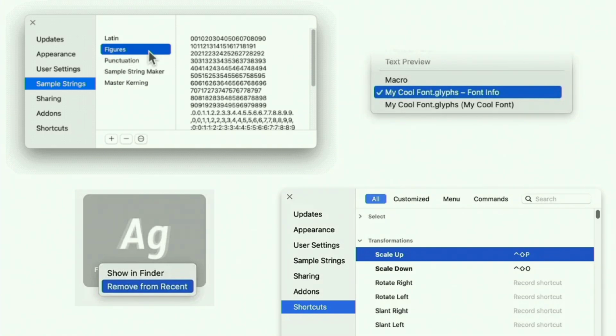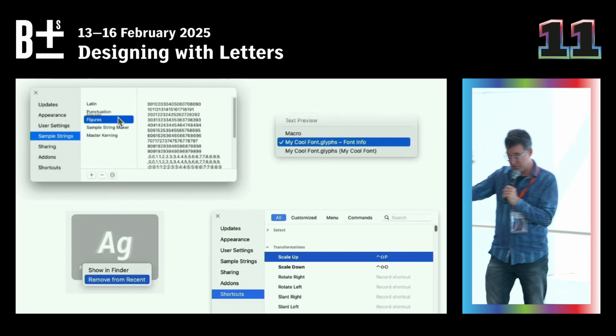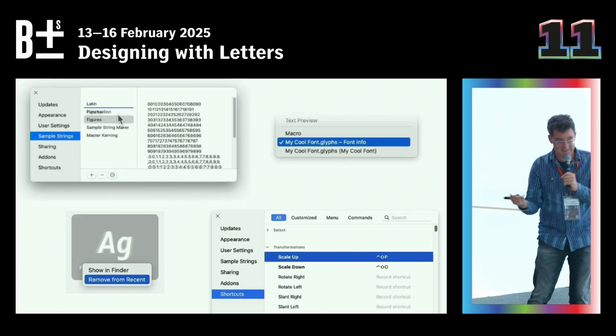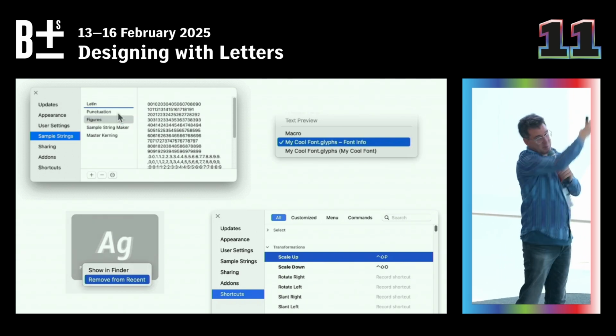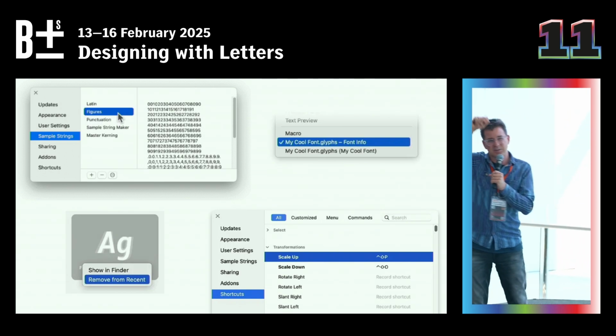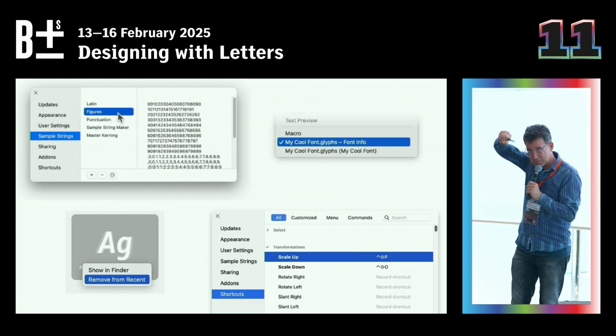Another thing, this was actually something that was bugging me, and I kept bugging Georg until he changed that. At the bottom of your view menu, where you can choose between the different windows, you have your font info window and your font window open at the same time. And of course, both had the same name. They're both called like your font, right? And so you used to have to guess which one was the font info window and which one was the font window. No more.